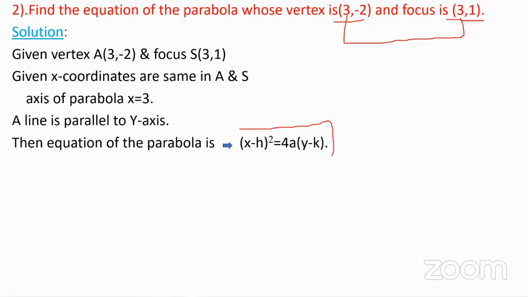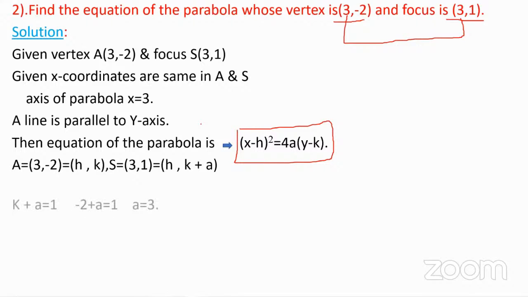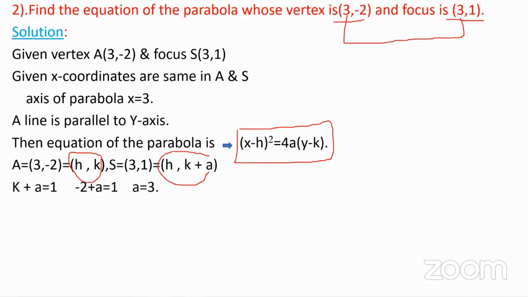Then the equation of the parabola is (x − h)² = 4a(y − k), a parabola like this one. The vertex is (3, −2) and the focus is (3, 1). The vertex is (h, k), and the focus is (h, k + a). From this, comparing both, clearly h = 3. For finding k, we need the value of a.